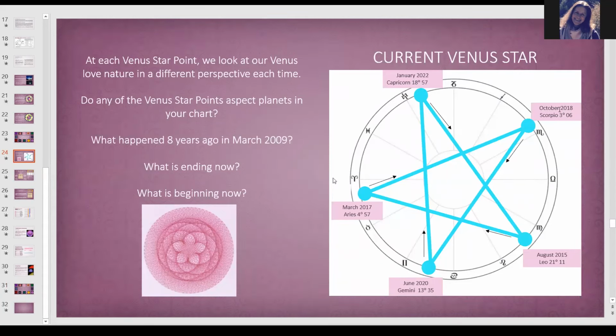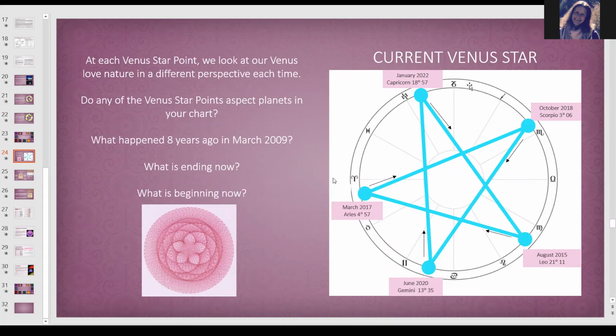You've got Mercury and the south node. So I would suggest that with the south node at 5 degrees Scorpio, this definitely has to do with reliving relationships from the past and evolving them through this Venus star.